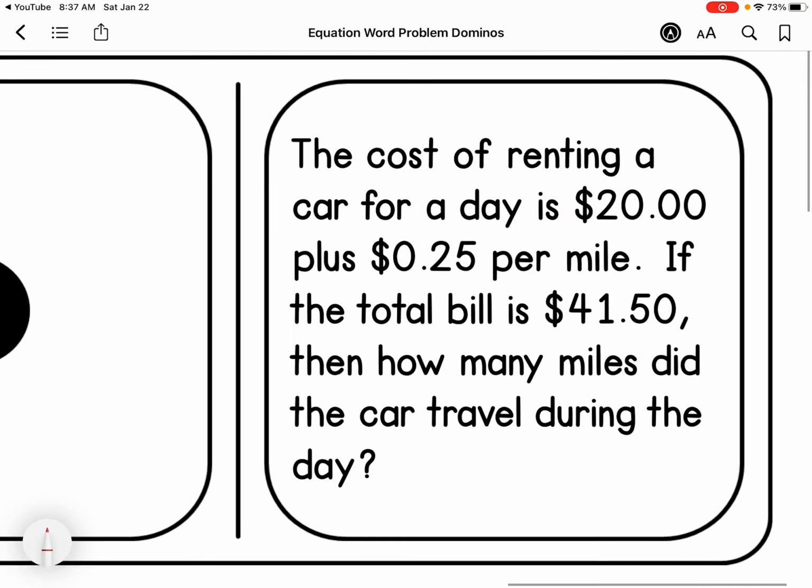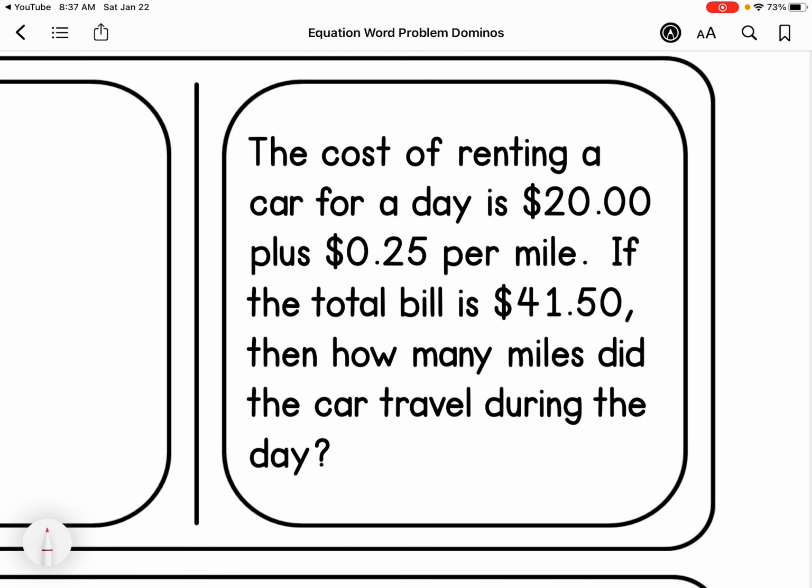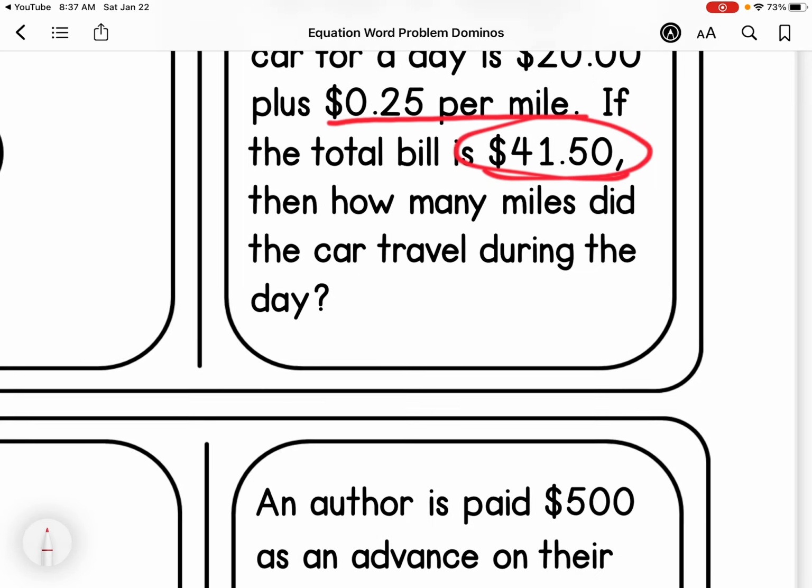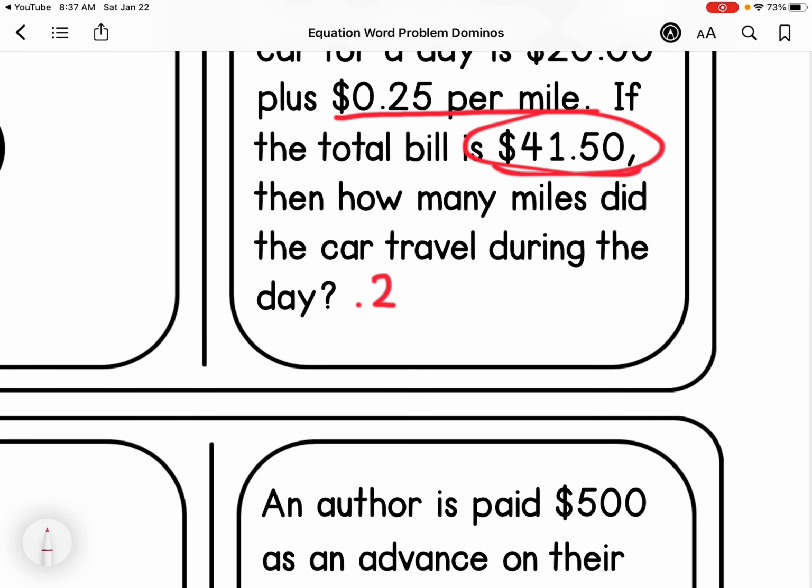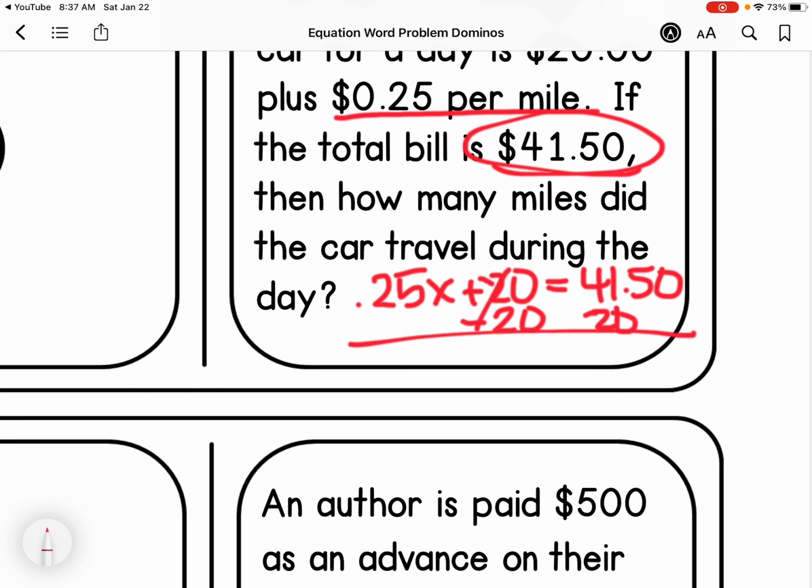All right. The cost of renting a car for a day is $20 plus 25 cents per mile. If the total bill was $41.50, then how many miles did the car travel during the day? So it'd be 0.25x plus the $20 equals $41.50. So I'm going to subtract the 20. And I get 0.25x equals $21.50.